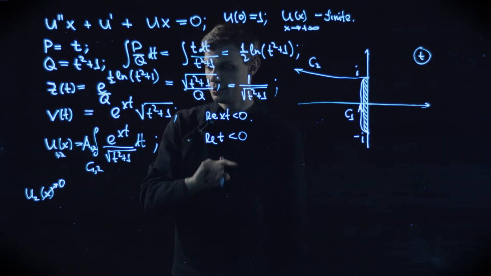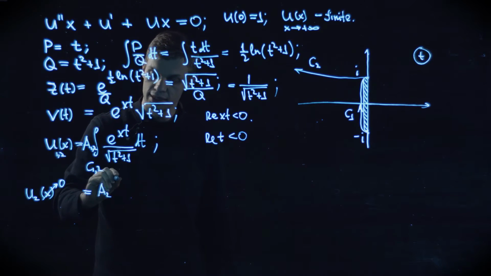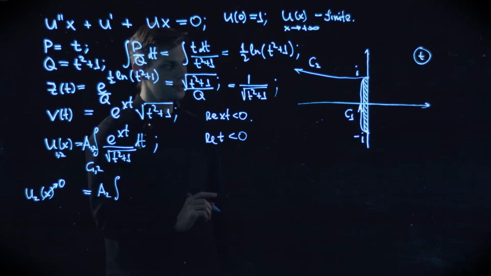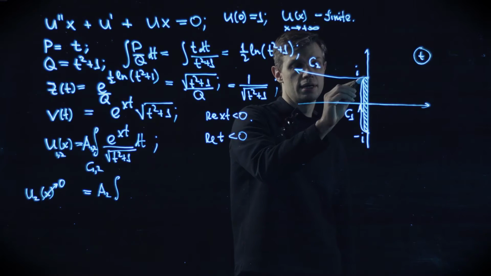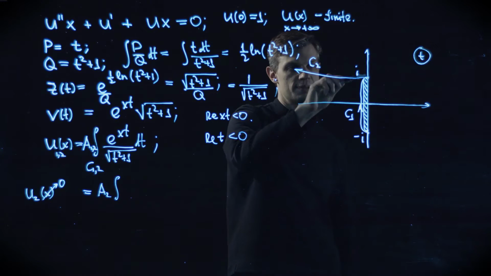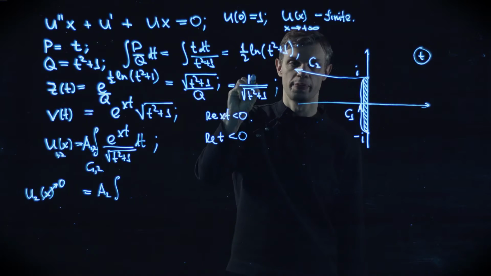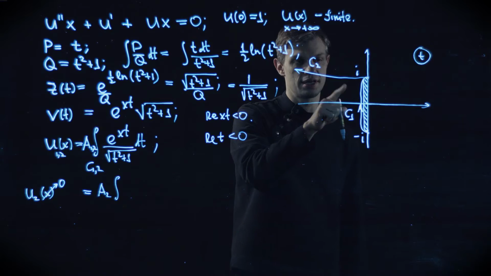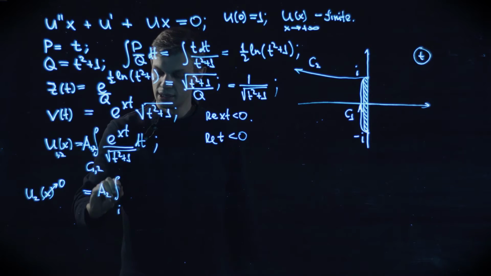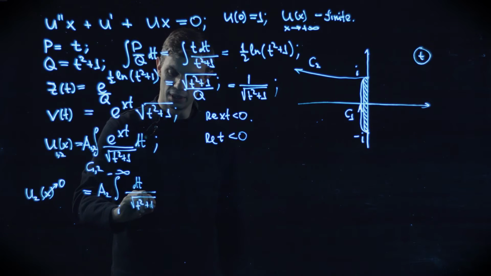Then we should put 0 here, and what we get is some constant a2 times the contour integral, and the contour integral just stretches from I to, say, well, we can deform the contour, so it's better to represent it as a horizontal line which tends to minus infinity. So the integral is taken from I to minus infinity dt over square root of t squared plus 1.